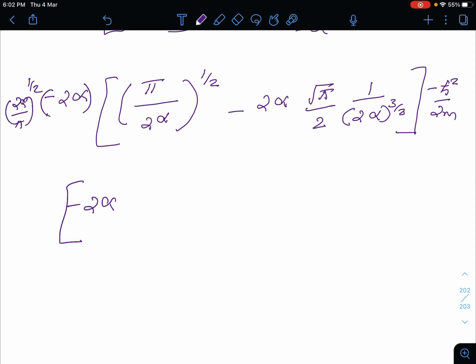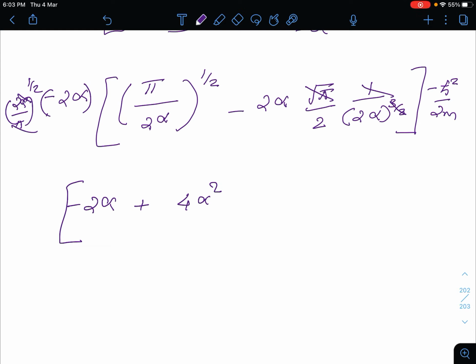Then what? 2 alpha plus 4 alpha square. Root pi and root pi get cancelled. 2 alpha raised to 1 by 2 and 2 alpha raised to 3 by 2, so 2 alpha raised to 1. Okay, so again you have 4 alpha square, 2 alpha, root pi.